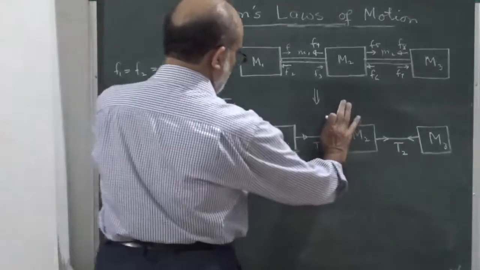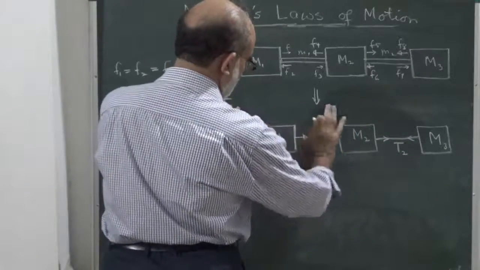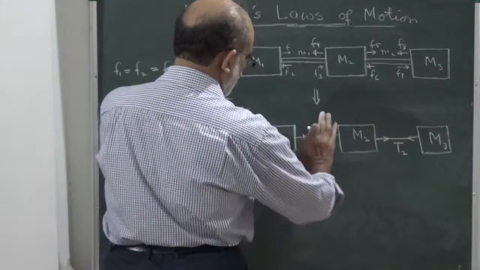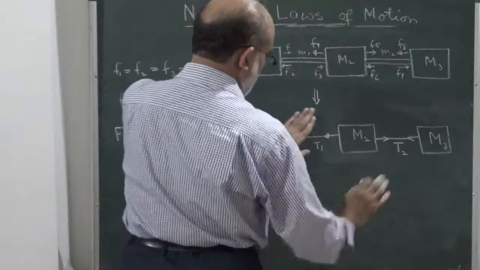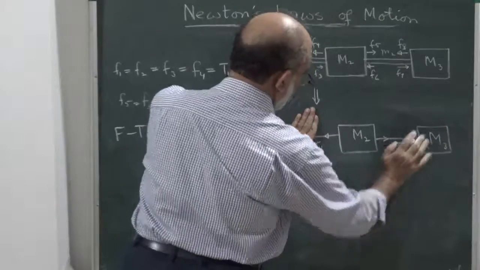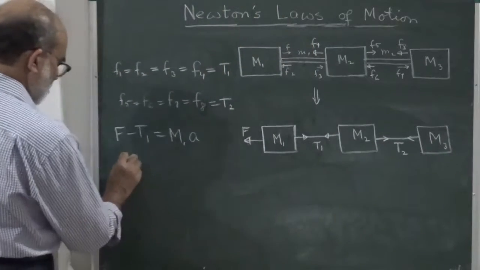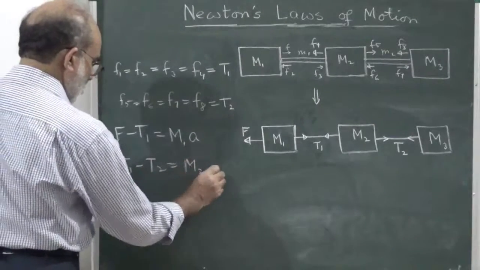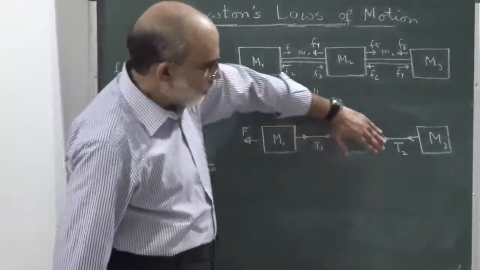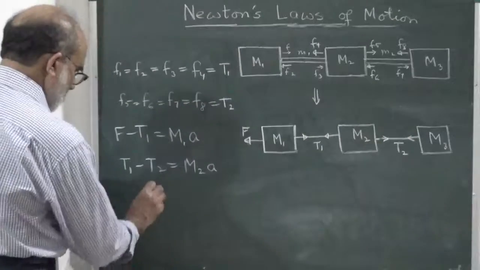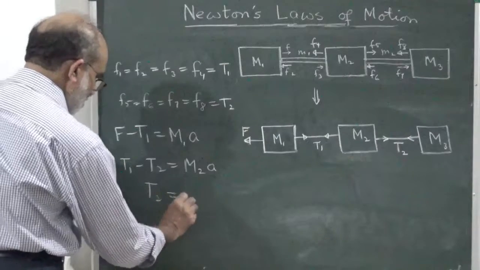Now the story goes on, because this is the action, this is the reaction. So the resultant force on this is F minus T1. Now the resultant force on this will be T1 minus T2. And the resultant force on the third block is simply T2. So it is T2 equals M3A.